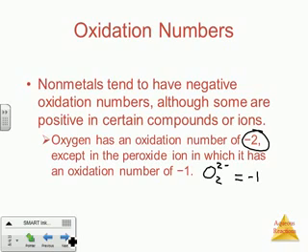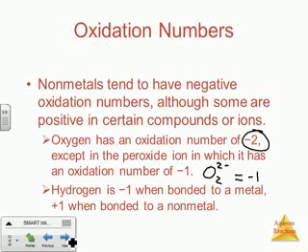Everywhere else, oxygen is going to have an oxidation number of -2. There's one other exception to that, and that's when it's combined with the other thing on the periodic table that's more electronegative than it is, and that's if you have any sort of OF, oxygen fluorine compound, which can happen on occasion. In that case, oxygen would actually have a positive oxidation number. Now that's weird, but it can happen.